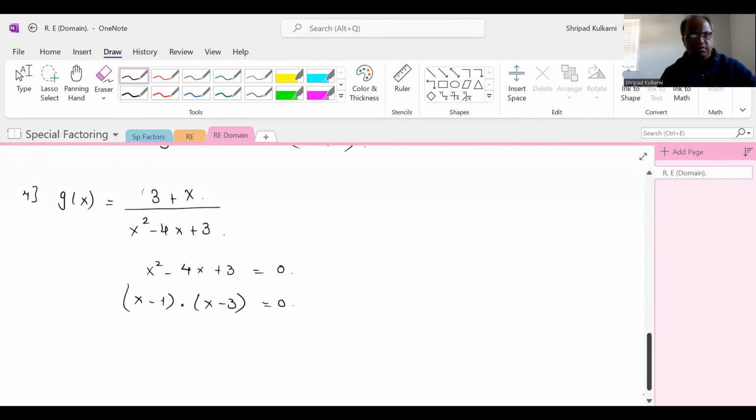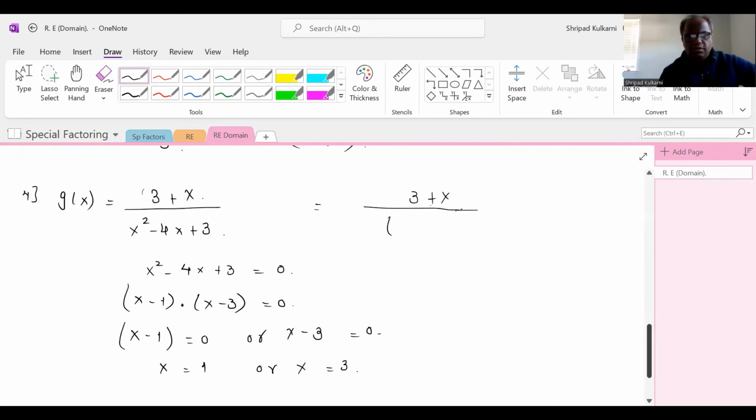So either x minus 1 equals 0 or x minus 3 equals 0. So x is equal to 1 or x is equal to 3 are the bad guys. Now I will rewrite the above equation as g of x is 3 plus x over x minus 1 times x minus 3.